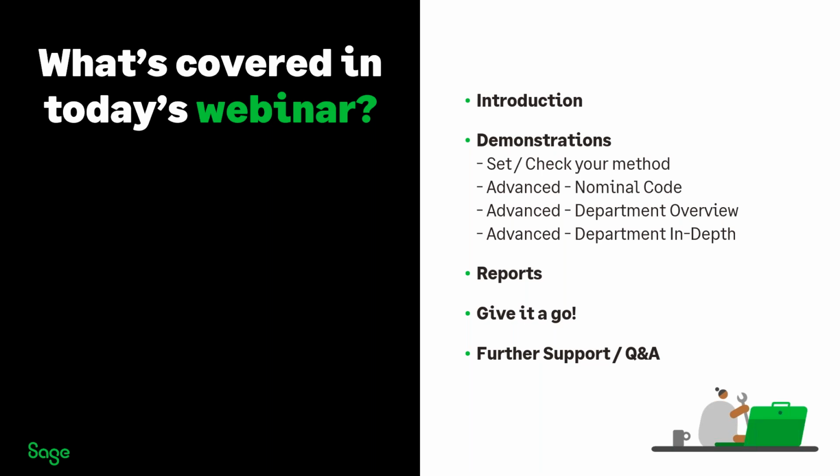And I would encourage you, if you are considering it, and this is something that people do a lot in this sort of area when we talk about budgeting or using departments or things of that nature, where it's maybe something new to you, where you can give it a go. You've got access to both the demonstration data, which has got loads of information in there already, so you can play around with it.